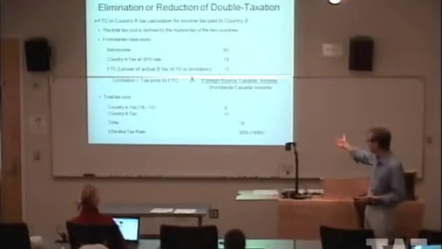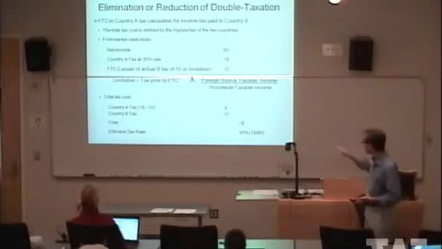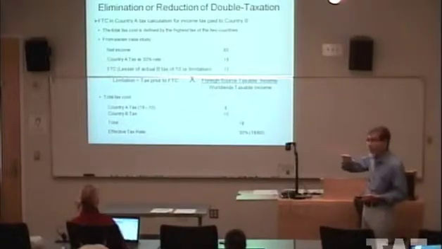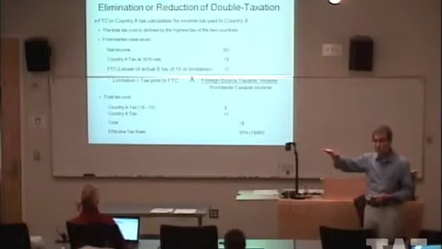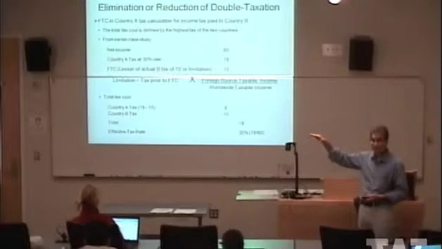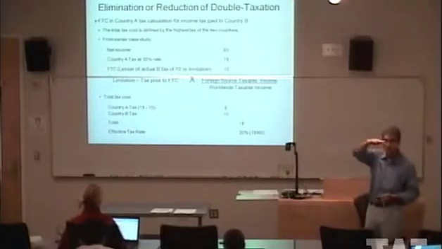And again, we come down to the 30% because the maximum tax that's paid is going to be equal to the higher of the home country effective tax and the other country's effective tax rate.